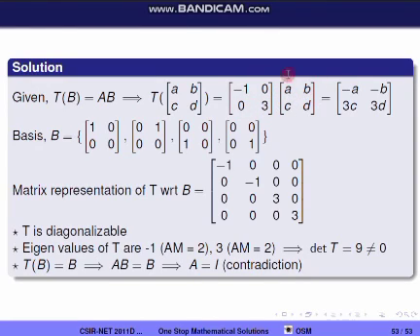Now I am multiplying these two matrices. So we will get this is equal to [−a, −b; 3c, 3d]. So T(B) is got like this. So I am taking a standard basis B, which is equal to the set of all these elements. Now I am finding the image of B under this transformation, and once I got the image, I am writing it as an element of R⁴.